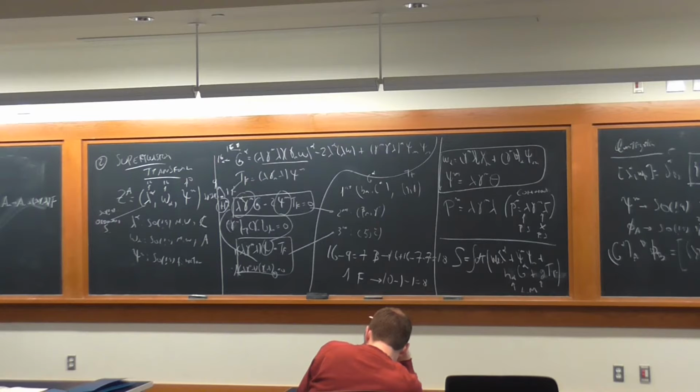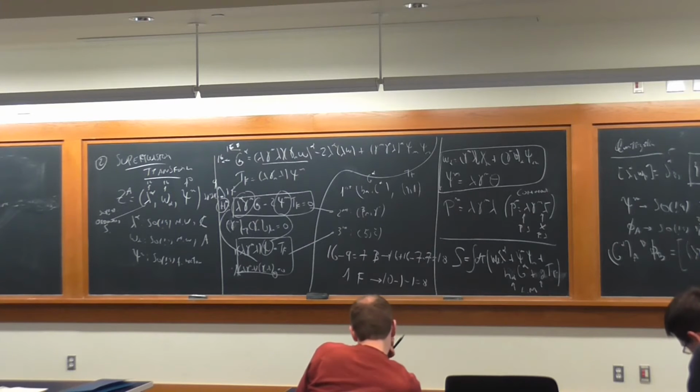So this is gauge invariant when AM changes by this expression, and this expression is gauge invariant when B alpha changes by this expression plus lambda gamma m, some f tilde alpha.